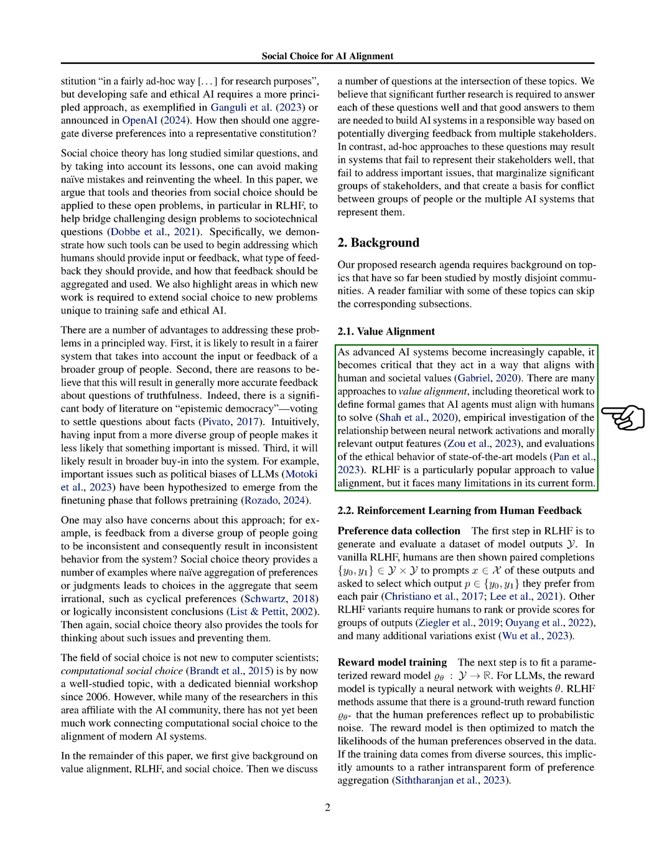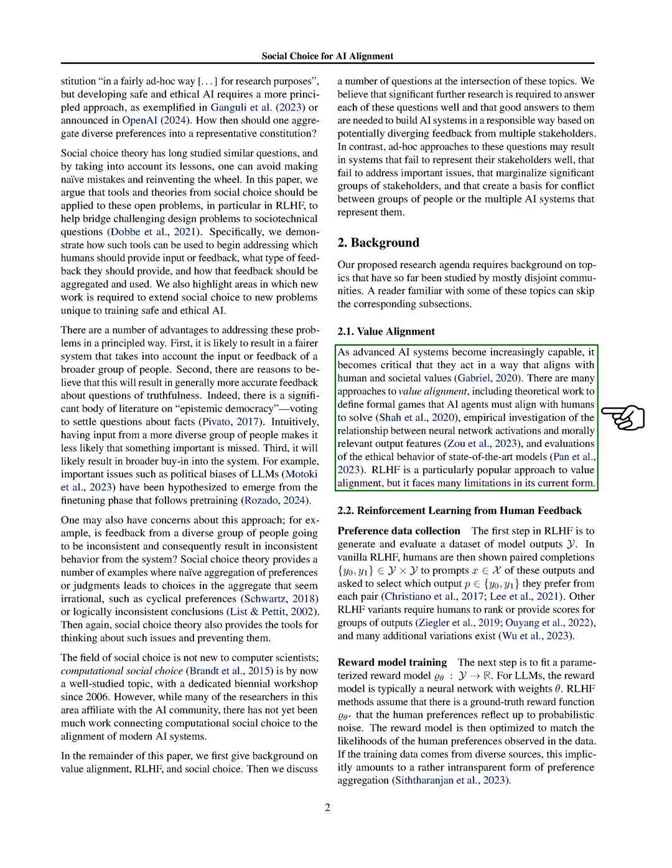There are various approaches to value alignment, such as theoretical work on defining formal games for AI agents to align with humans, studying the relationship between neural network activations and morally relevant outputs, and evaluating the ethical behavior of current AI models. One popular approach to value alignment is reinforcement learning from human feedback, RLHF.